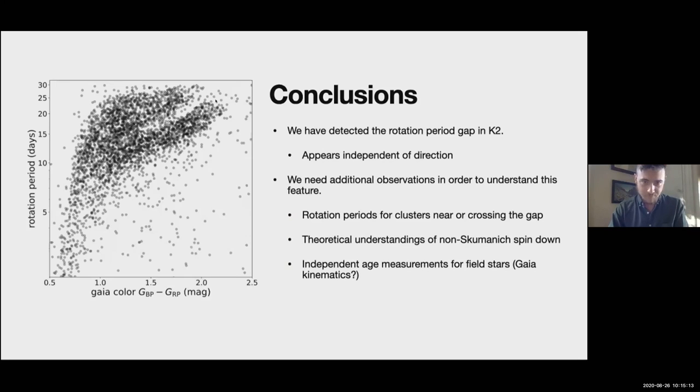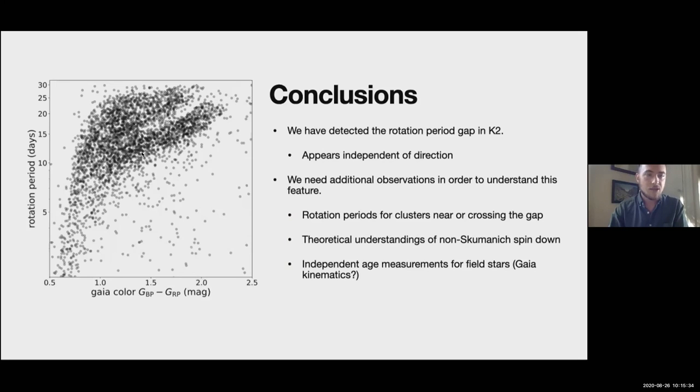That would inform theoretical understandings of this sort of discontinuous spin down, and allow us to calibrate models like the Spada and Lanzafame model that might give us insight into how this spin down happens.